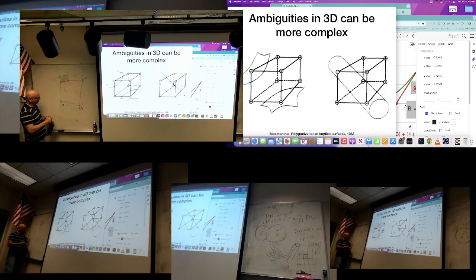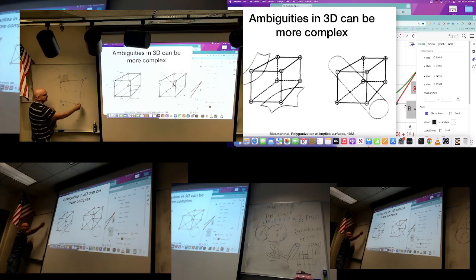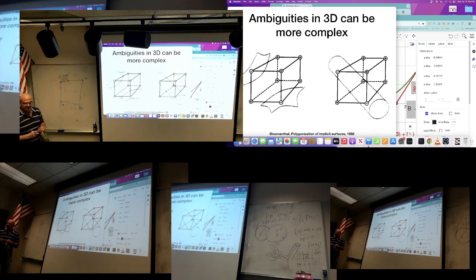Now, what happens? Here I'm larger than 0, here smaller than 0, so f crosses this edge. f crosses this edge, crosses this edge, and crosses this edge. Cool, I found this crossing point.